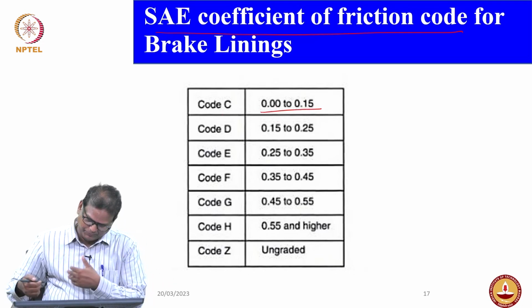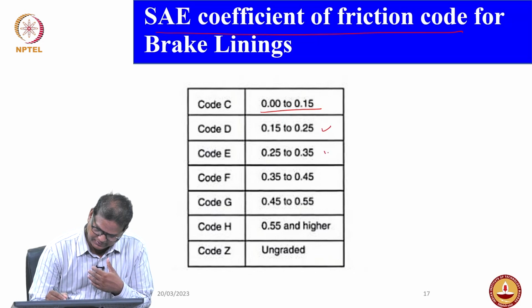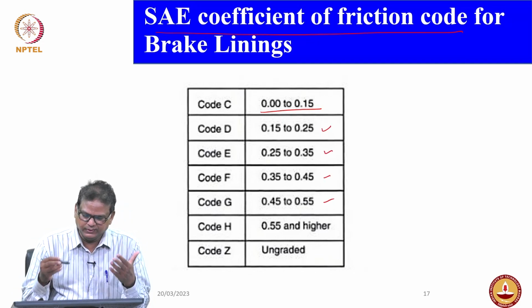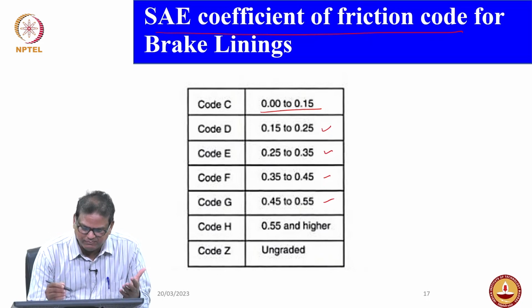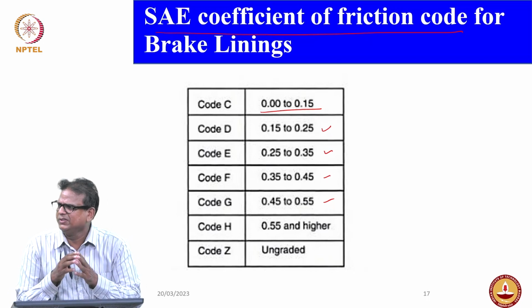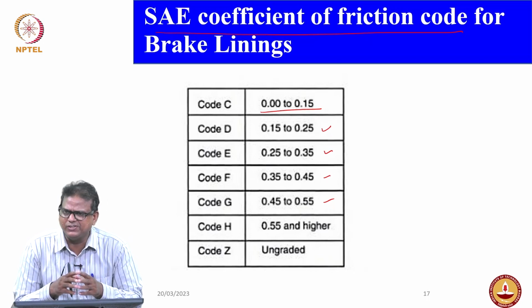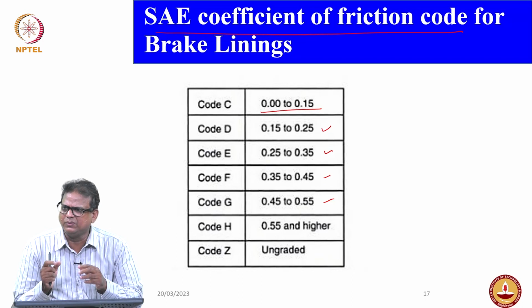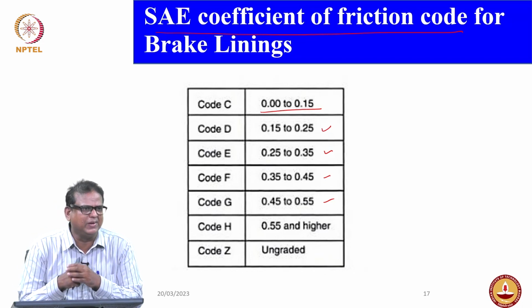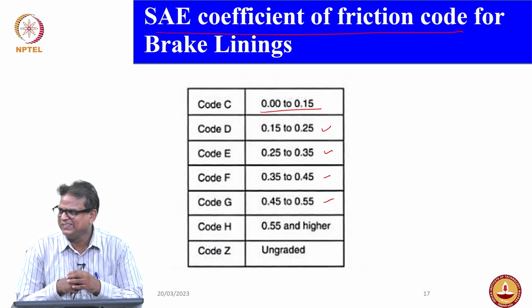As the grade improves, the friction range increases. Again, I am asking a question. Instead of giving one single value, why is the friction lining given as a range? Why can't I have one particular value? What is the reason behind it?